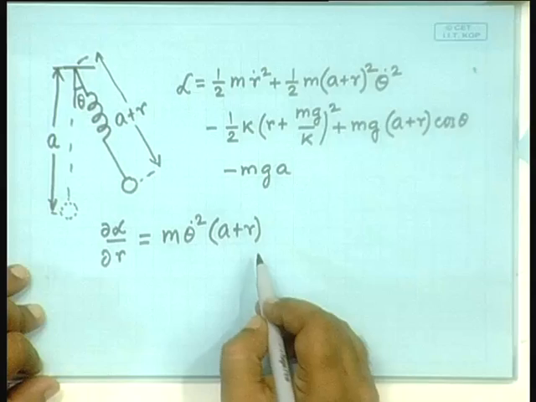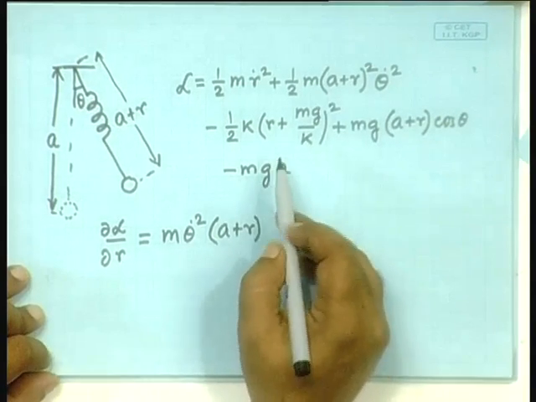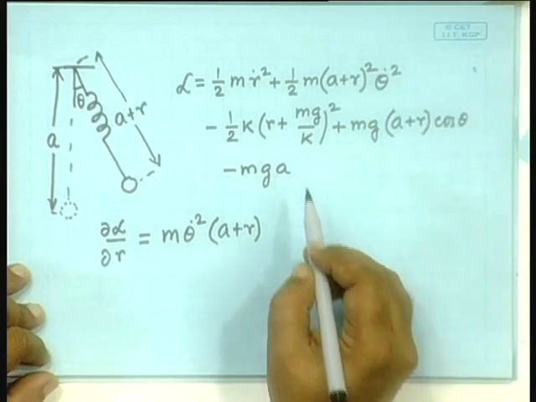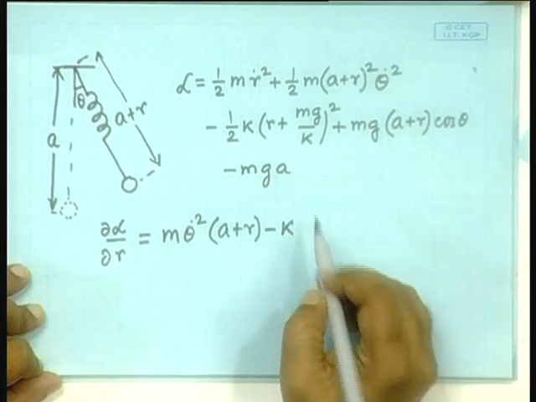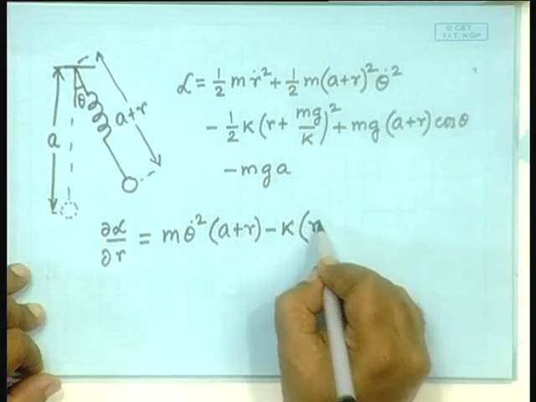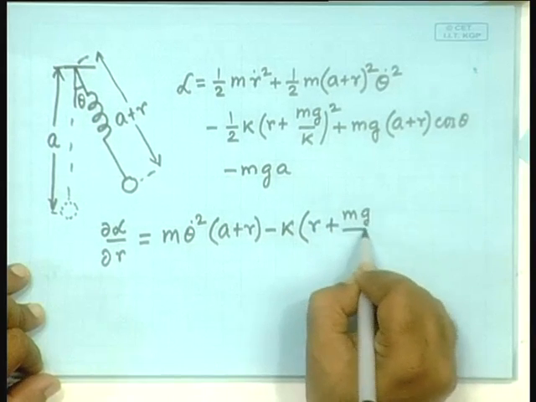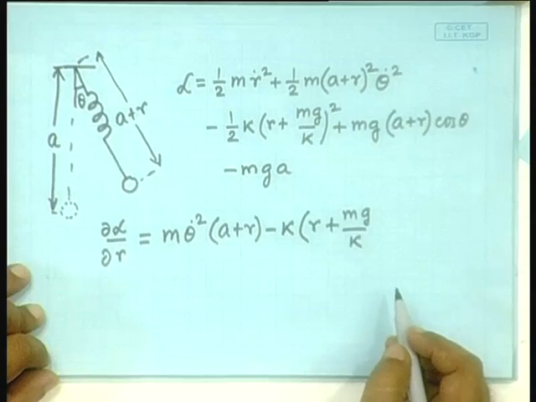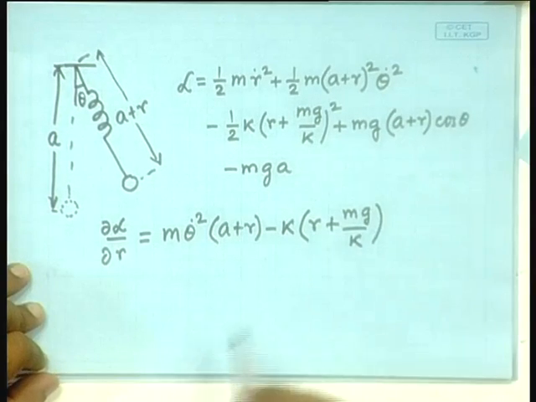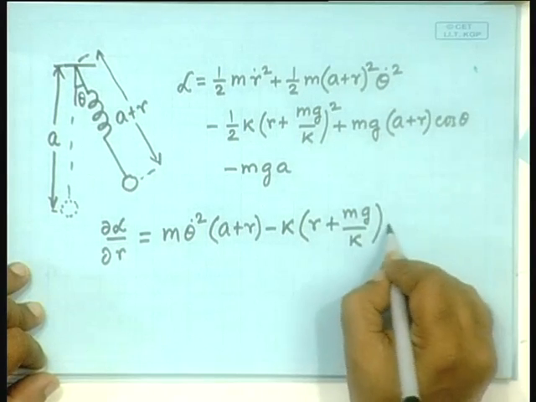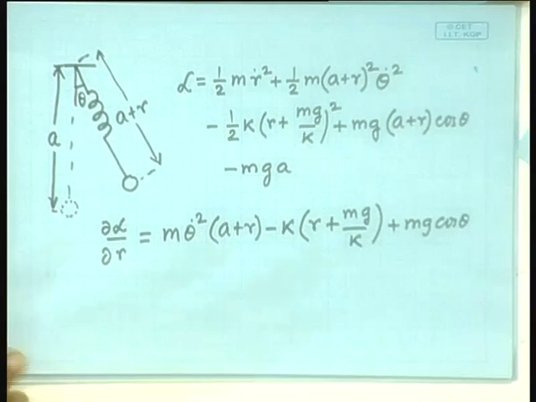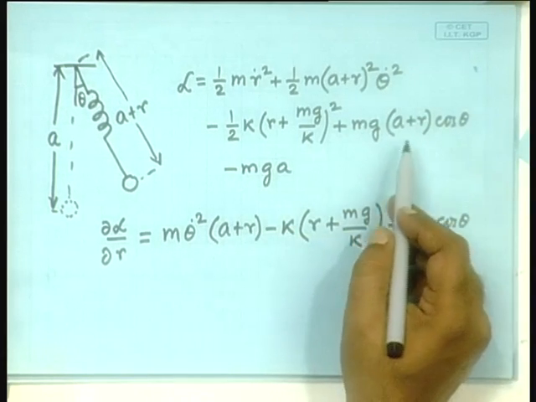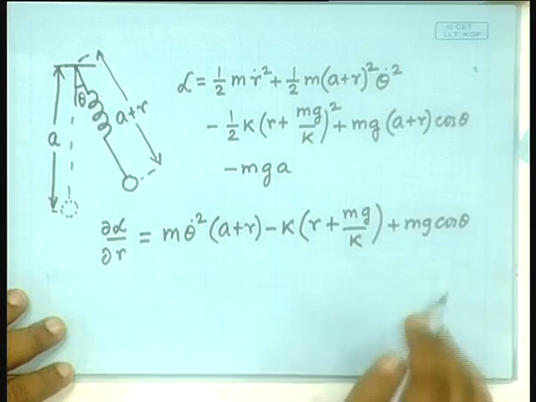Then it cancels off. So, this one comes to this, then this one, it will be minus k, this thing will remain r plus m g by k, and then from here plus m g cos theta. Done. MGA basically, okay, let it remain. So, this is with respect to r.